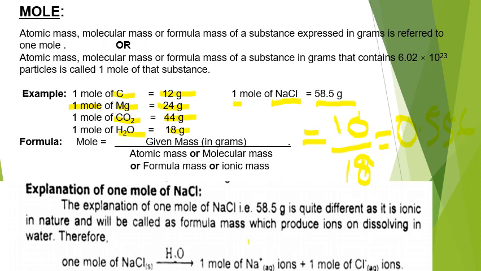Chloride is an anion as it carries a negative charge. So this is how 1 mole of formula unit of NaCl will generate 2 moles of ions in water. Right? This is the answer. Okay.